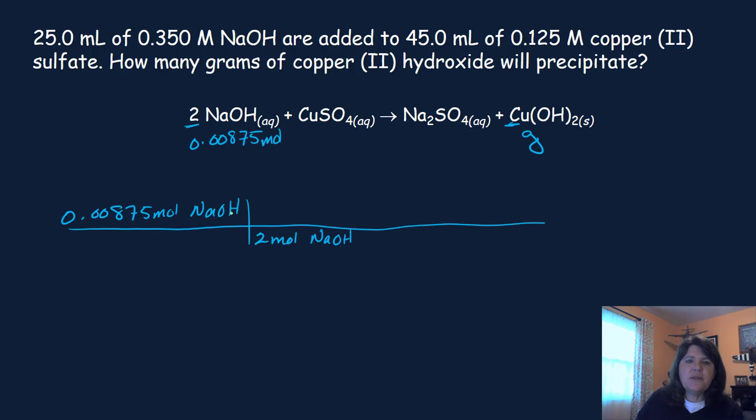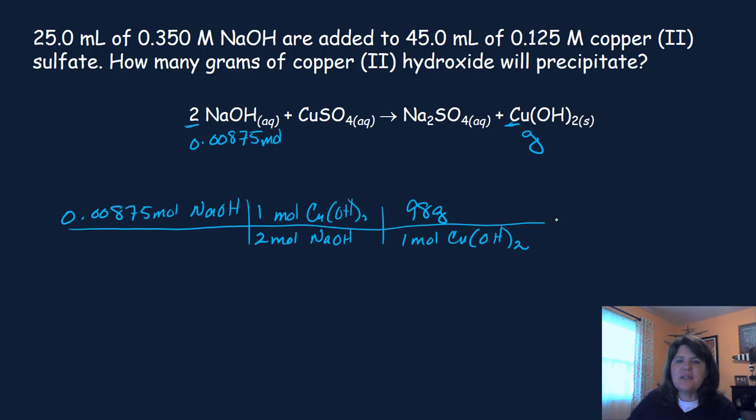We have 1 mole of copper 2 hydroxide. To get to grams, I'm going to need the molar mass. So for every 1 mole of copper hydroxide, I have a molar mass, I wrote it down, of 98 grams. So you punch that into your calculator, you pay attention to sig figs, and you end up with 429 grams of copper 2 hydroxide.